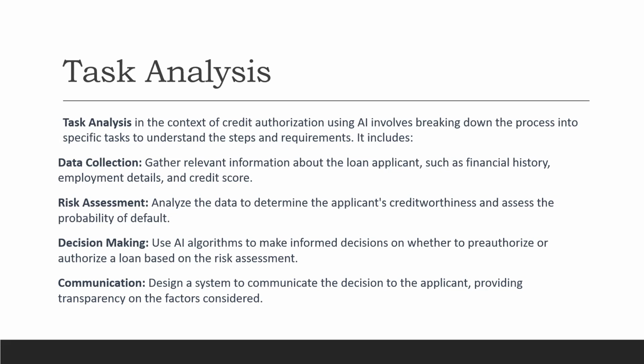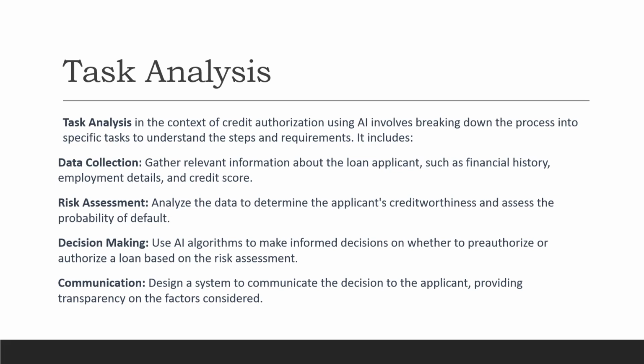In the case of risk assessment, analyze the data to determine the applicant's creditworthiness and assess the probability of default. That is maybe one of the most complex things that we need to do. Then, to the part of decision making, use artificial intelligence algorithms to make informed decisions on whether to pre-authorize or authorize a loan based on the risk assessment.